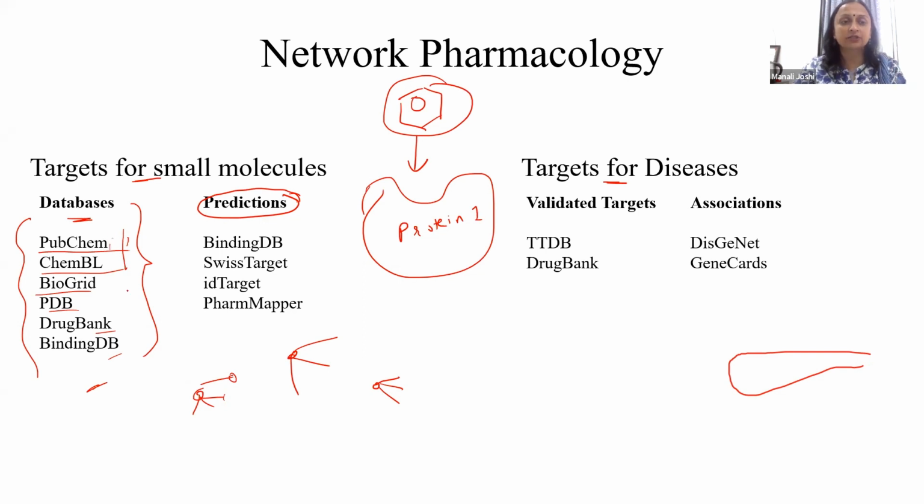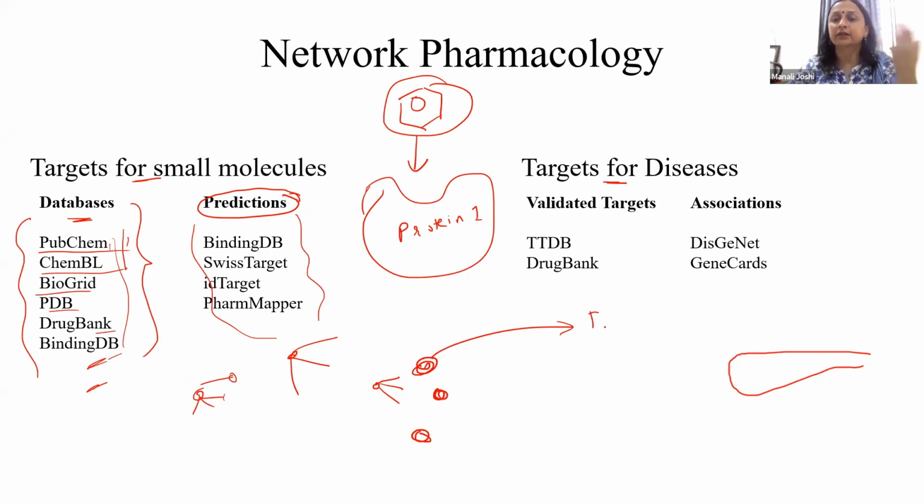This information you can get from different databases that compile bioassays across literature or as submissions from authors. Alternately, if you just can't find anything, perhaps then you can do predictions, but then it's more of a hypothetical network, right?